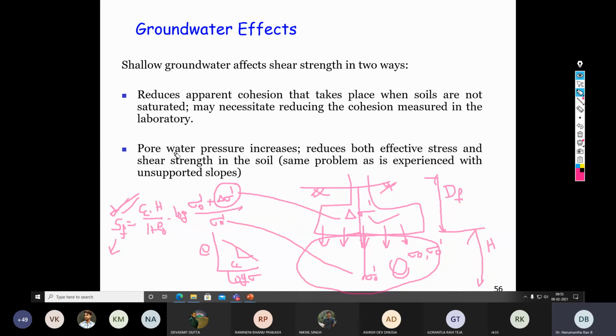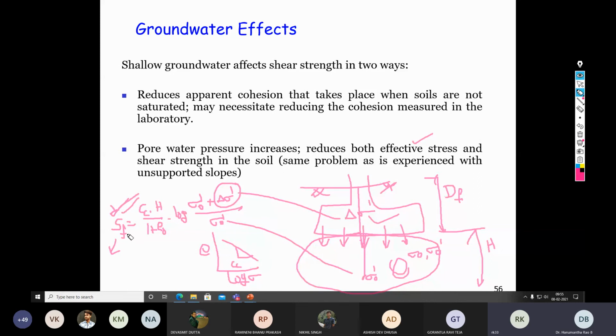Then the groundwater increases the pore pressure, as I demonstrated here, affecting both effective stress and shear strength in the soil. So if there is an increase or decrease in the groundwater table, there is an increase or decrease in the shear strength and effective stress. Consequently, there is a change in the settlement.